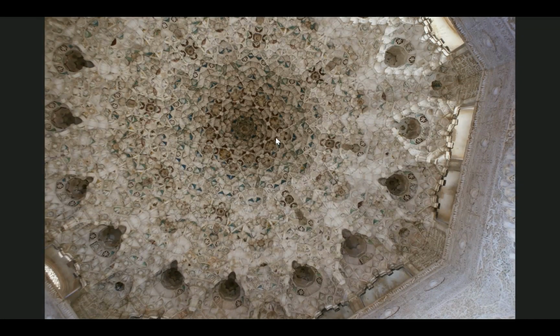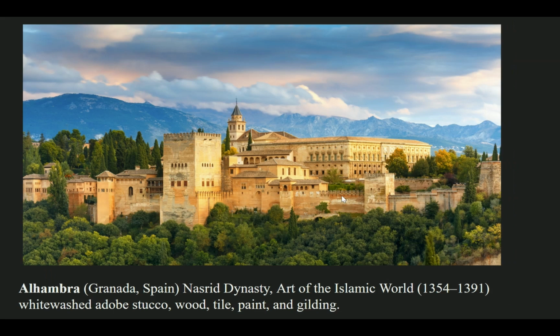So this incredible repeating pattern, this play of light and shadow, it's extremely mesmerizing. This magnificent dome has this honeycomb design with these 1,000 cells and these different colors. It's just so intricate. So there's Alhambra.